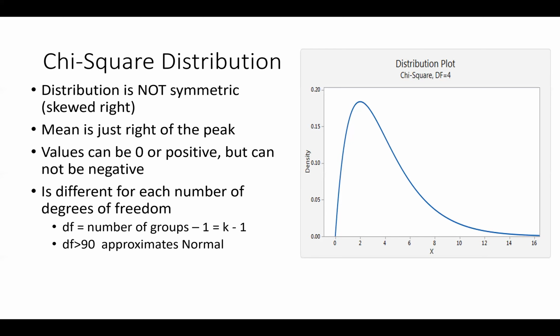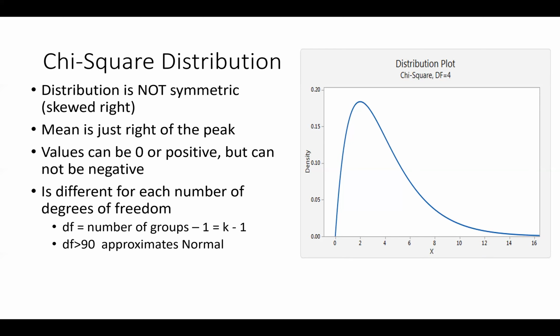The chi-square distribution is different based on the number of categories or groups that you have. The display that I have here has a degree of freedom of 4, which means I would have had 5 groups, because the degrees of freedom is the number of groups you have minus 1. When your degrees of freedom is greater than 90, your chi-square distribution begins to be approximately normal.